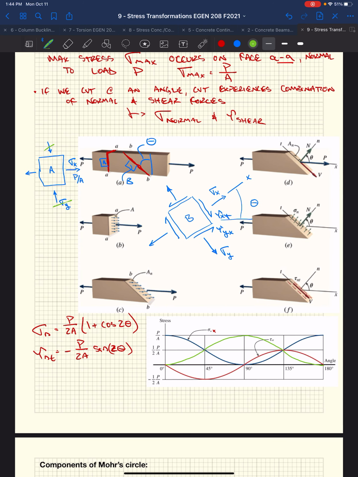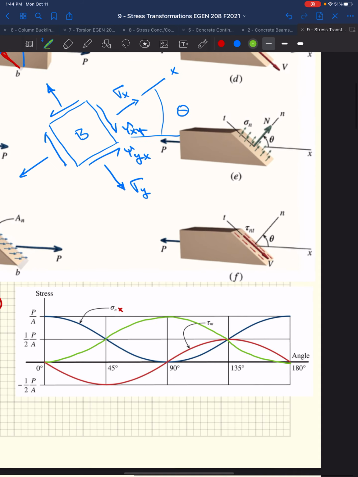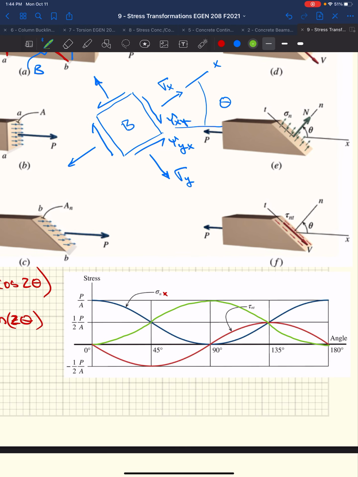So, knowing that there is a relationship, this almost sinusoidal relationship as we rotate, because overall we're still trying to maintain equilibrium, okay?